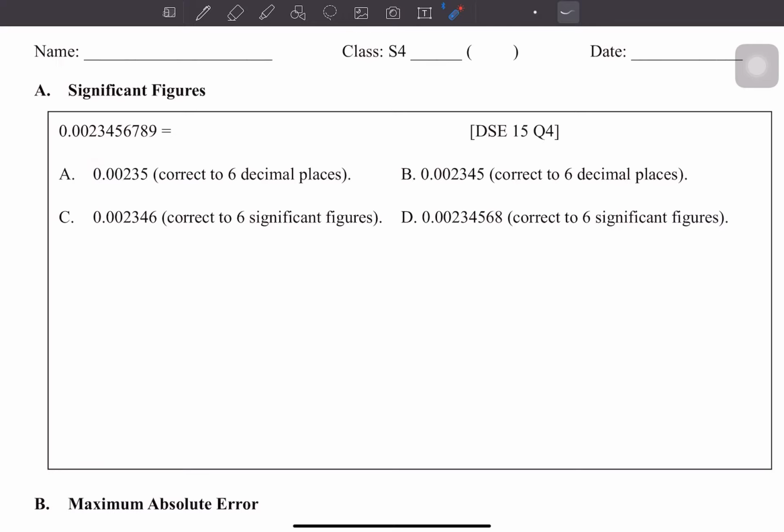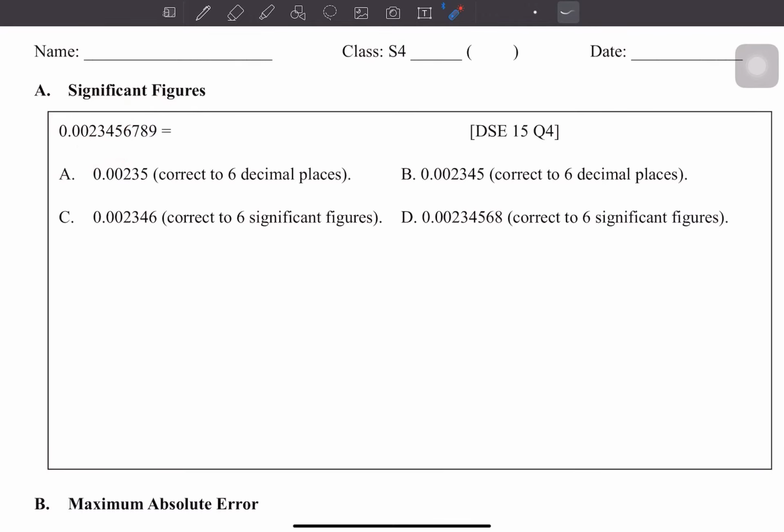Remember how we count the significant figures: it is the first non-zero number. So in this case, this number is the first significant figure. This one is second. This one is third. If this one is 0, although this is 0, this is the fourth one because we start to count, then this one will be the fourth significant figure.